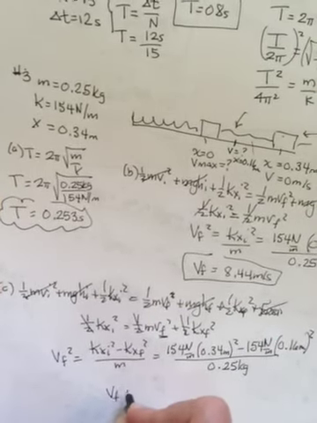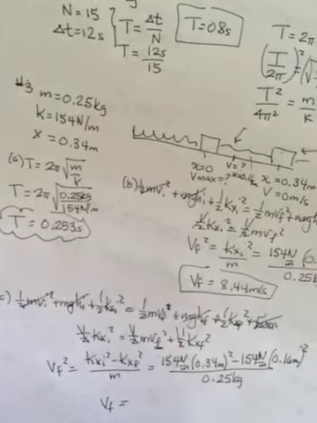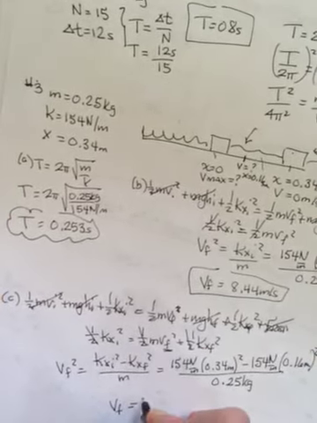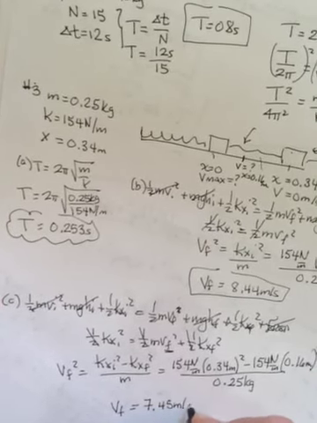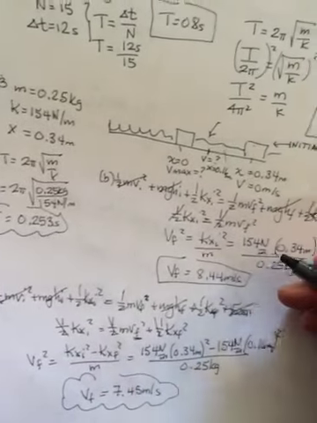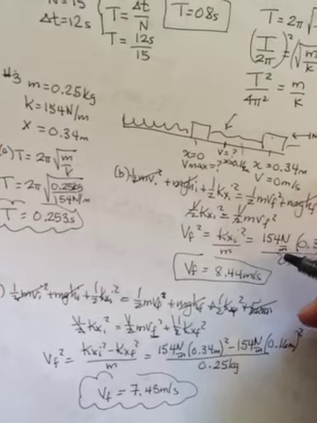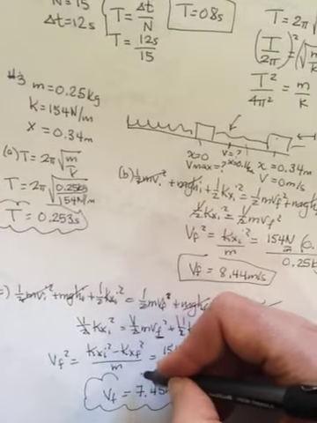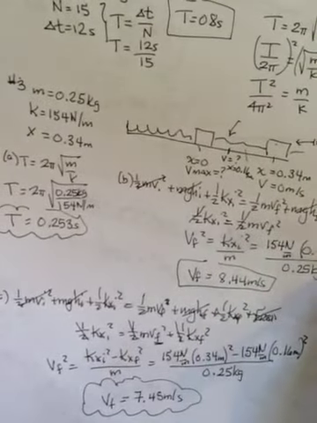You have to take the square root. And so if before the square root it's 55.44, after the square root it's 7.45 meters per second. If you want to pause and think about it, it's less than what you got in part B, and it should be because part B was the maximum speed. Anywhere else should have a speed smaller than that, and it does, so it's a good thing.